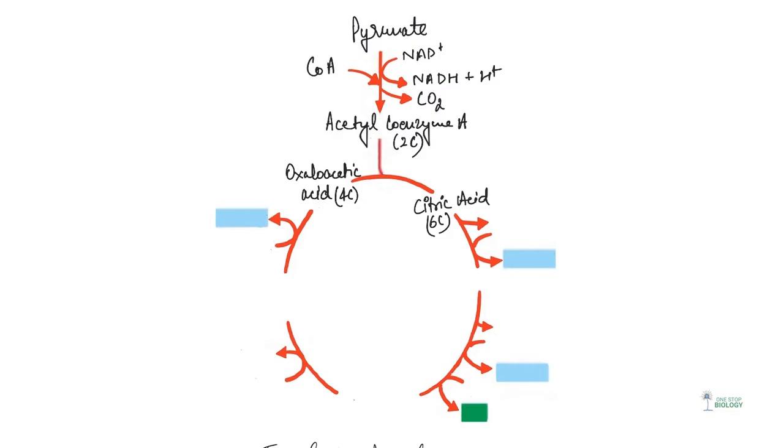Now basically this complete process where acetyl coenzyme A and oxaloacetic acid, OAA, is condensed, this happens with the help of the enzyme citrate synthase, right?